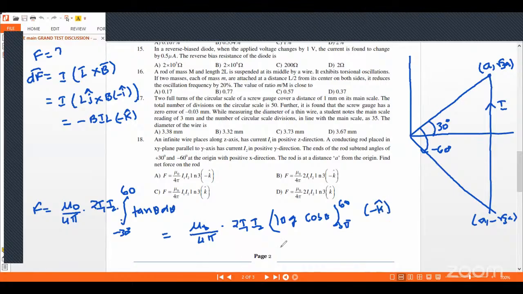So upon calculation, we get mu naught by 4 pi 2 I1 I2 times log cos 60, that is log 1 by 2, minus log root 3 by 2. Right? Log root 3 and minus root 3. Okay?